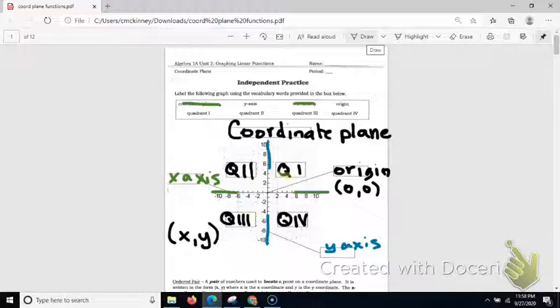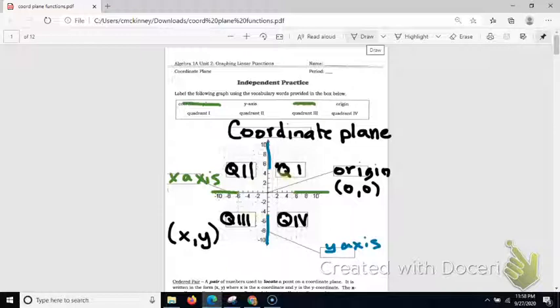So if I have a point 2, 5, then I would go 2 to the right and 5 up, and I'd be right here on the edge of this box. So first number tells me left and right, second number tells me up and down.